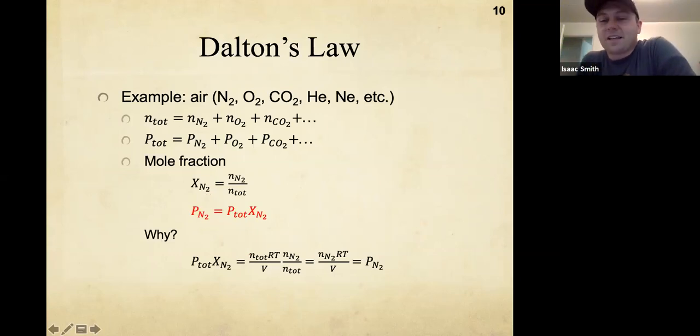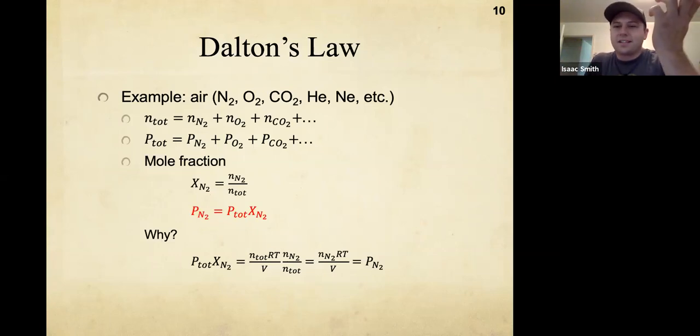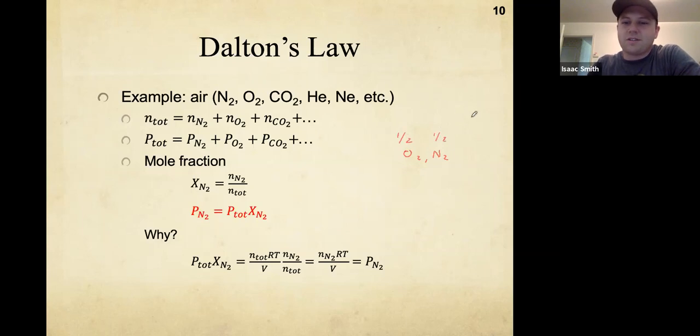But just think about it intuitively. Let's say you have half oxygen and half nitrogen in a container, right? The pressure of oxygen is just going to be half of the total pressure, right? And that's basically what you can see here. So let's say there's a total of 10 moles.